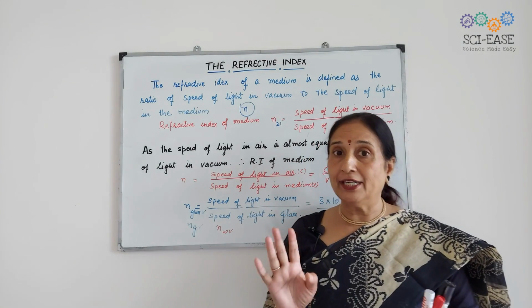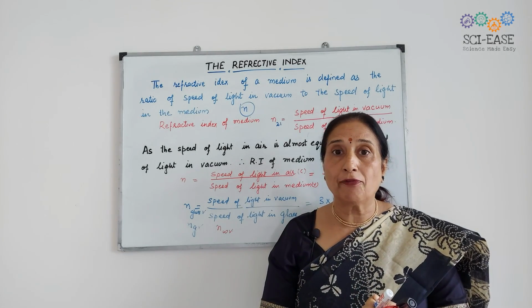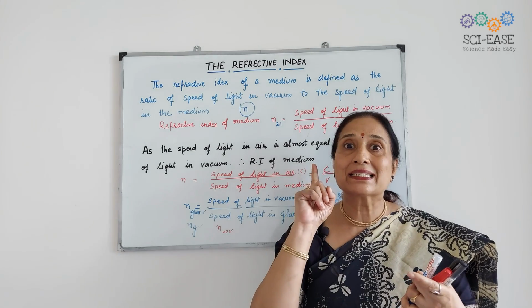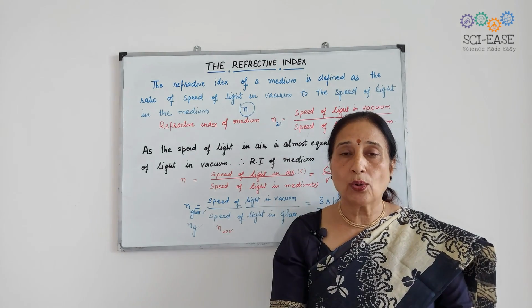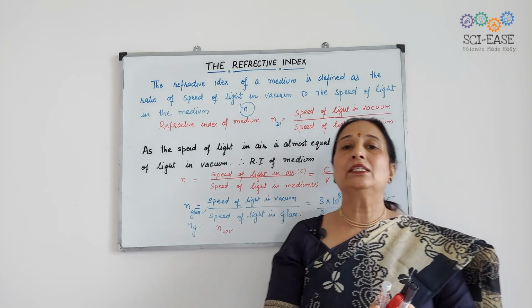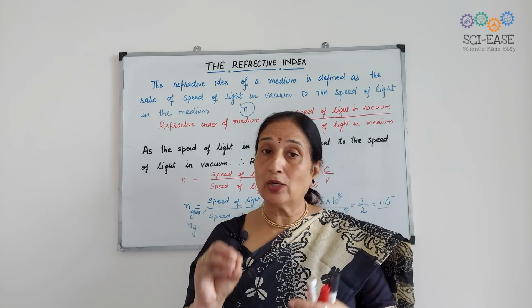That I have already told you. So this should be clear to all of you, that in the optically denser medium speed is less, and in the optically rarer medium speed of light is more. These things you are to memorize.